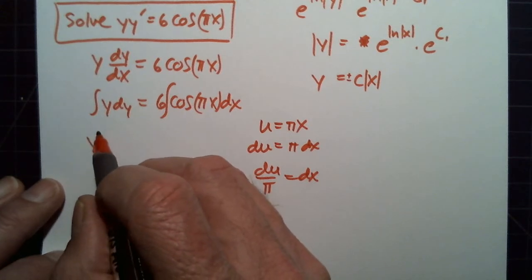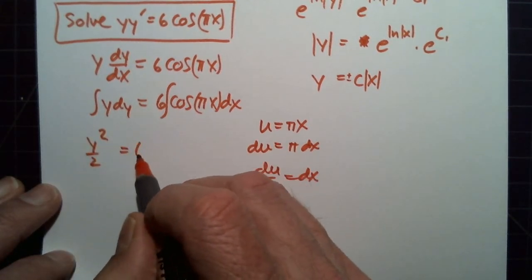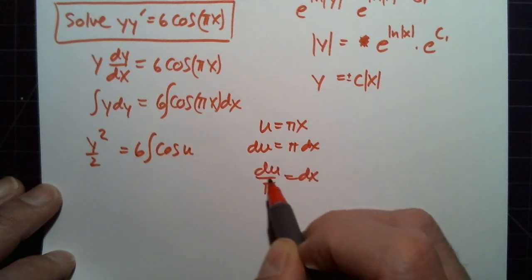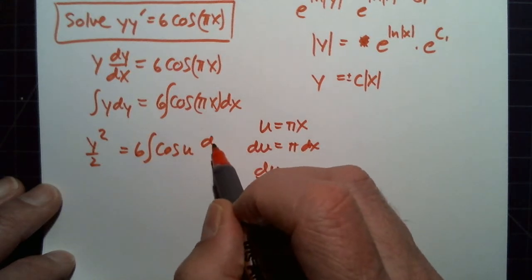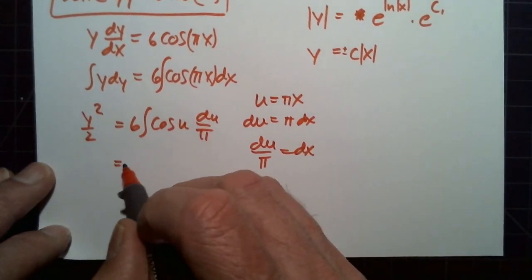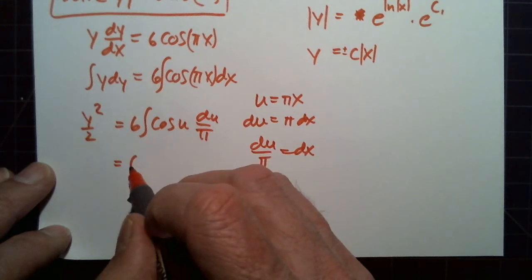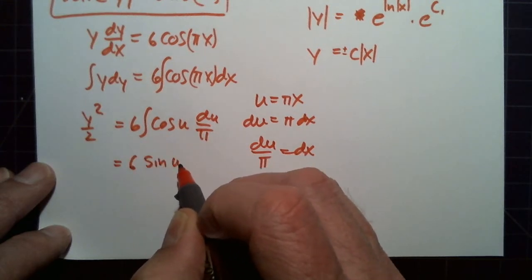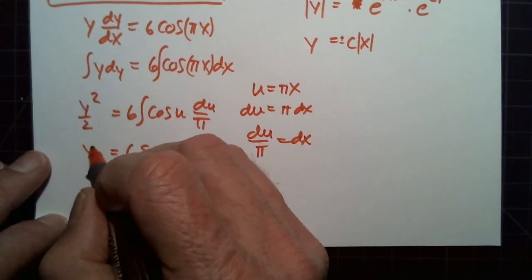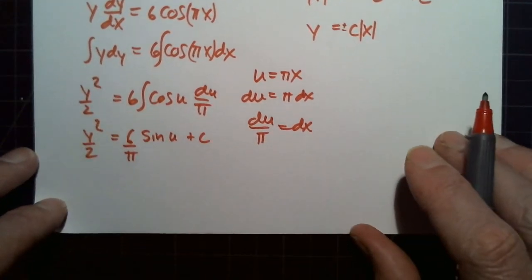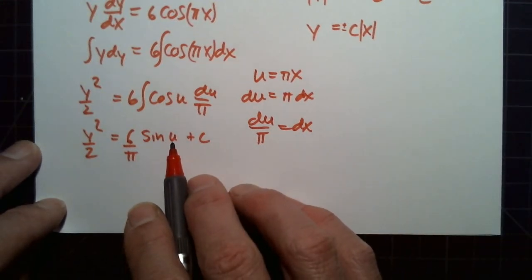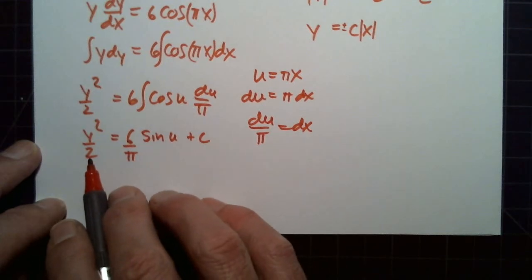So on the left we have y squared over 2. Here we have cosine u du over pi. Cosine is the derivative of sine, so we have 6 sine u, and put the pi over there, plus c. y squared over 2, and we'll substitute back what u equals, and we can also multiply both sides by 2.